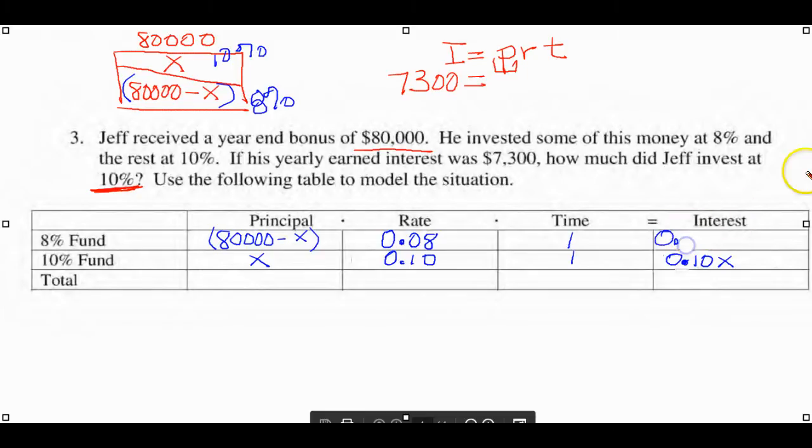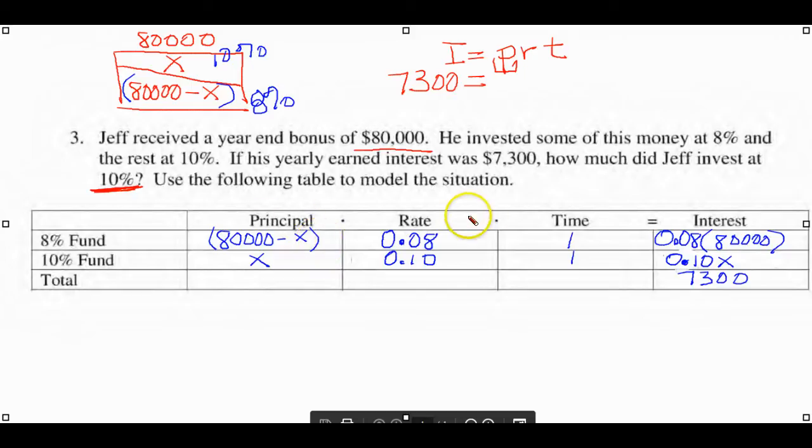Let's write that in properly here. Times 80,000. Now, the total that we're going to get out of here, the interest we said was 73.